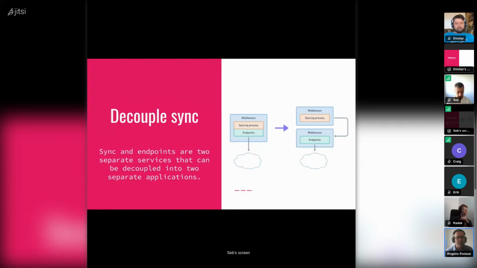So the idea is to provide better scalability for the middleware, separating these concerns, the syncing and the endpoints. And this might also help users to develop their own tools for specific needs, for specific applications, using the feed from the syncing provided by the middleware.